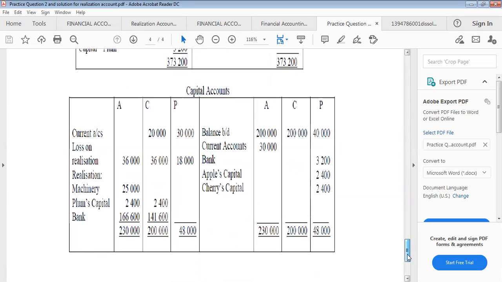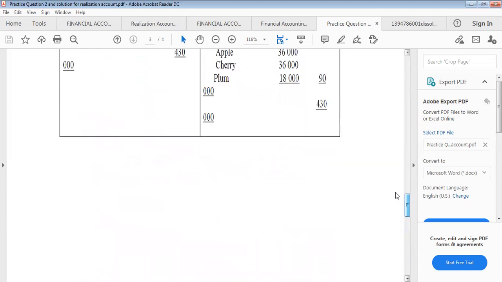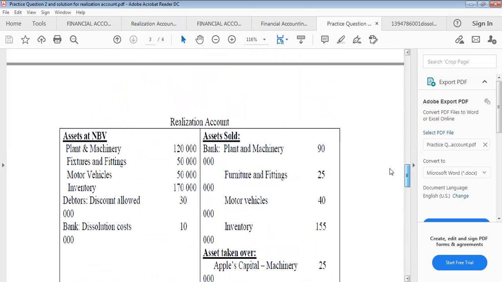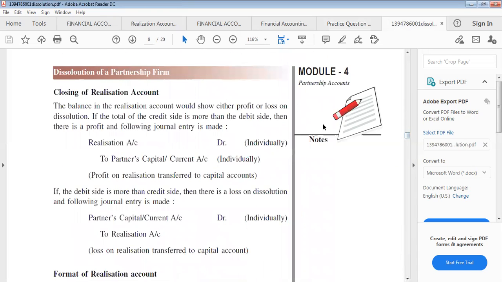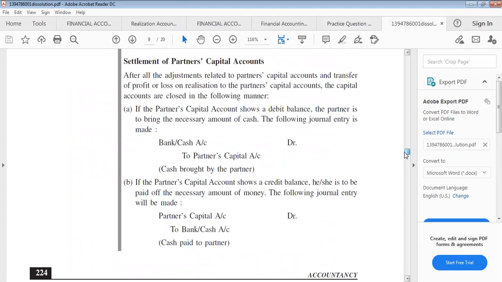Original figure was $40,000. There's something that is missing me right here. Let me check somebody. I've covered all our bases already so far. Pretty much covered. All right.